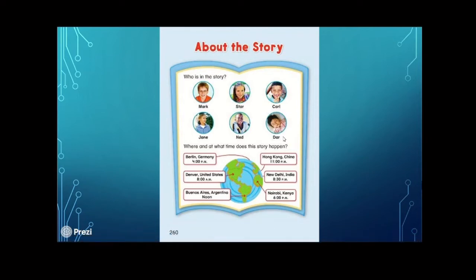So where and at what time does this story happen? As you can see, we have different countries in different continents. We have, for example, Germany, United States, Argentina, China, India, and Kenya, and different cities from different countries as well.